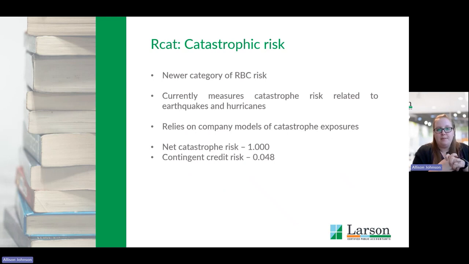Based on that modeling, there's a factor for net catastrophe risk and contingent credit risk. If those are lines of business that you're writing, we would encourage you to look in more detail at this specific calculation, but we wanted to make you aware that this is a newer risk factor to be considered.